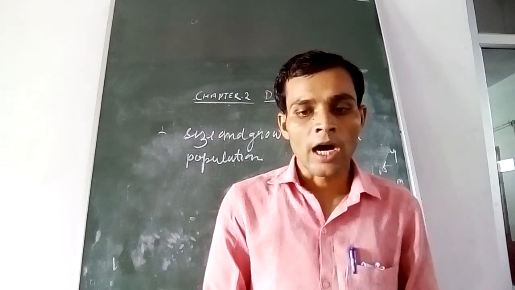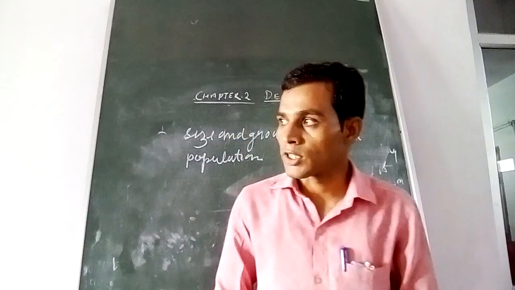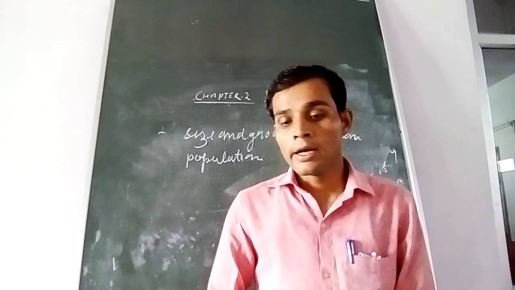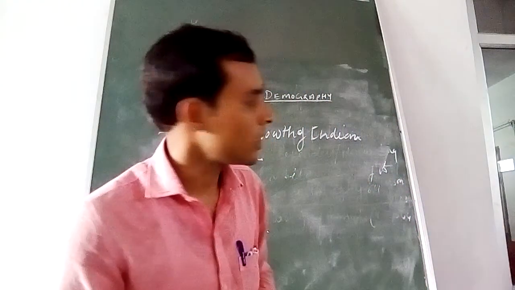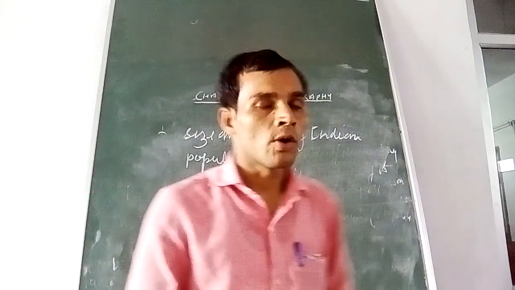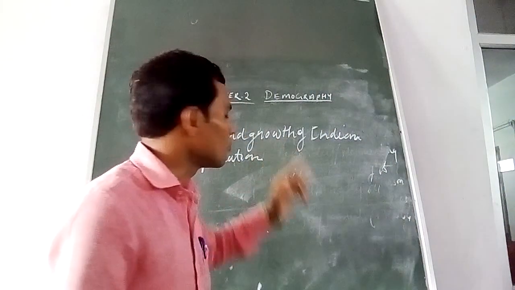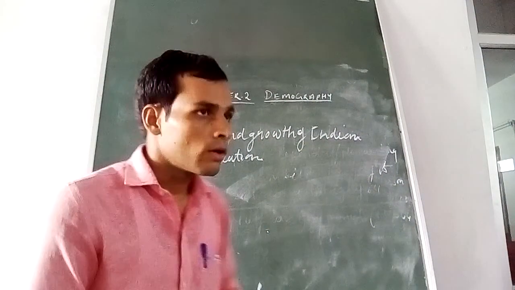Then after independence, it increased. From 1961 to 1981, the growth rate of the Indian population increased to approximately 2.2%. So you have already known about the size and the growth of the Indian population.